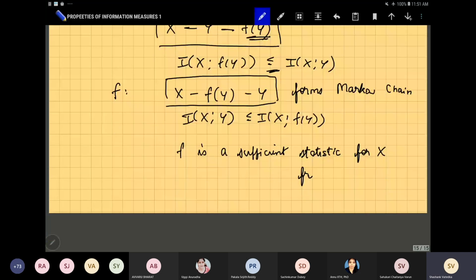So we say that a function f of y is a sufficient statistic for x given y if the following Markov chain relationship holds, that is, y is independent of x given f of y.